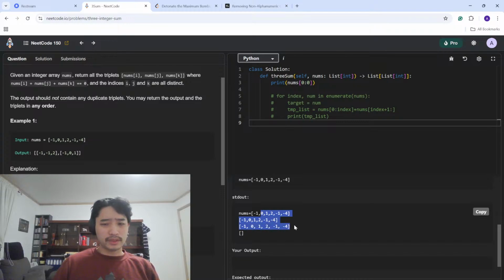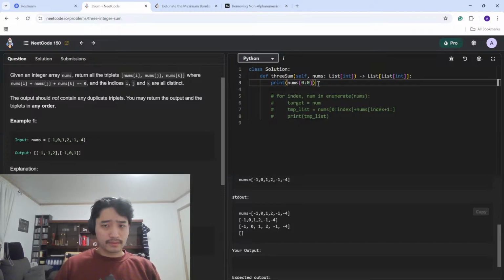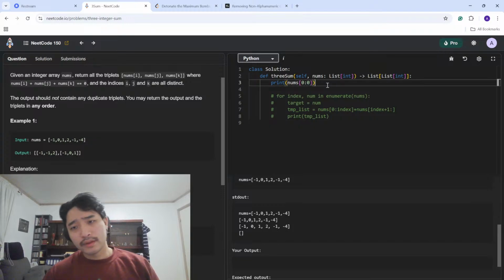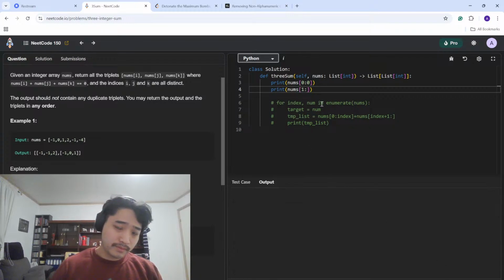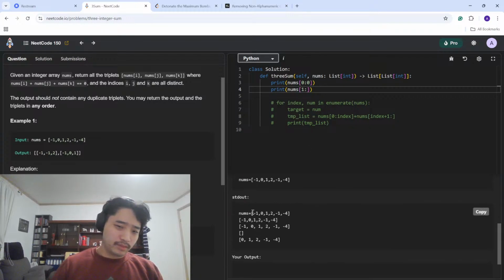This is what's confusing me. And print would be this. Maybe I should ignore it, but why does it print out this?